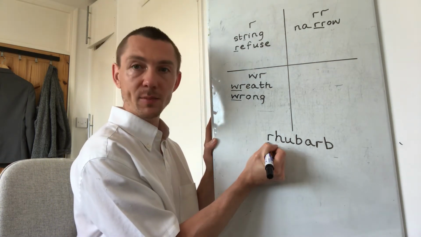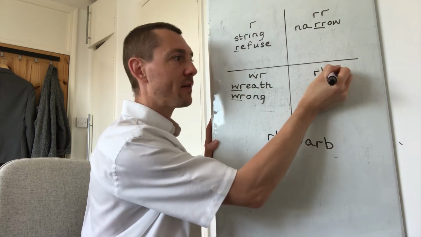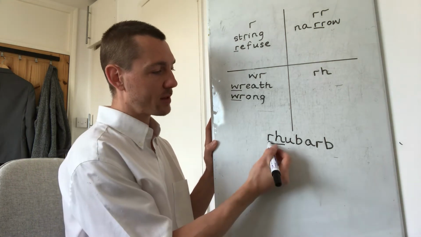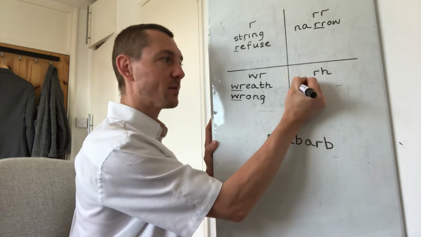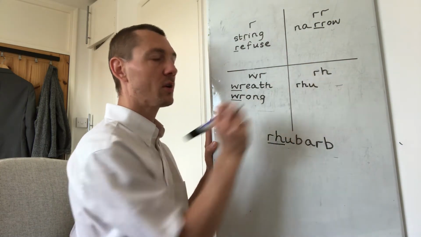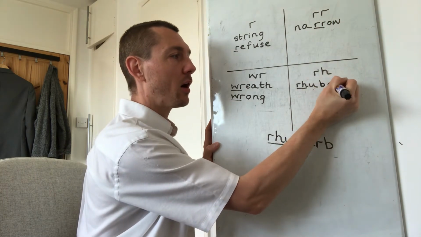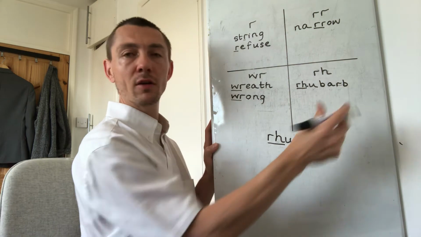It's that RH spelling, isn't it? Well remembered. So that's our final section. That's our final spelling of R, the RH spelling. And we can build the sounds, use the sounds to build the syllables, use the syllables to build the word. And we say R, U, Ru, Barb, B, R, B, rhubarb.